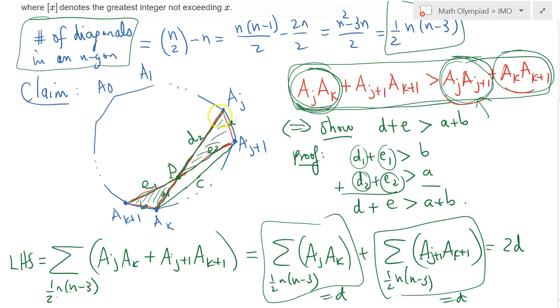And then as we move to the following diagonal, a sub j plus 1, a sub k plus 1, this will also create this diagonal, nothing will happen. But on the previous diagonal, let's say this one, you will have another length here. For that particular one, we are repeating it again, right? Does that make sense? So therefore we are repeating it twice in that case.